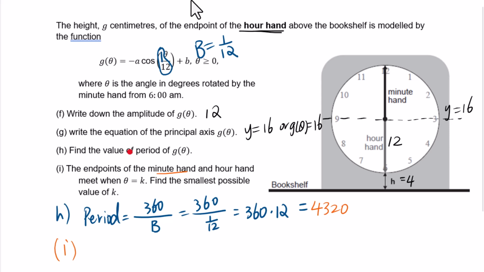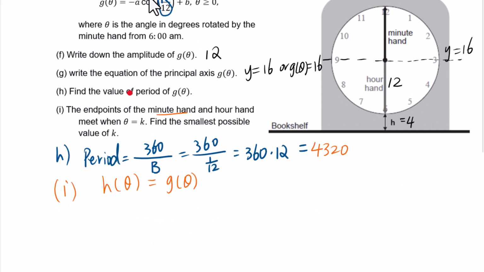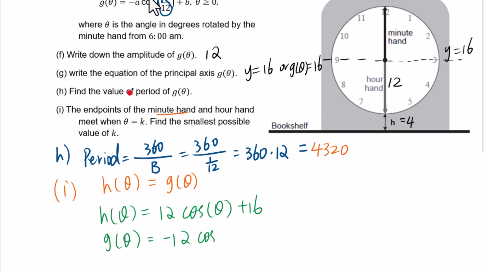I. The endpoints of the minute hand and hour hand meet when theta equals k. Find the smallest possible value of k. We will set up h of theta equals g of theta. We already figured out h of theta equals 12 cosine theta plus 16, and g of theta equals negative 12 cosine theta over 12 plus 16. Let's go to the calculator.